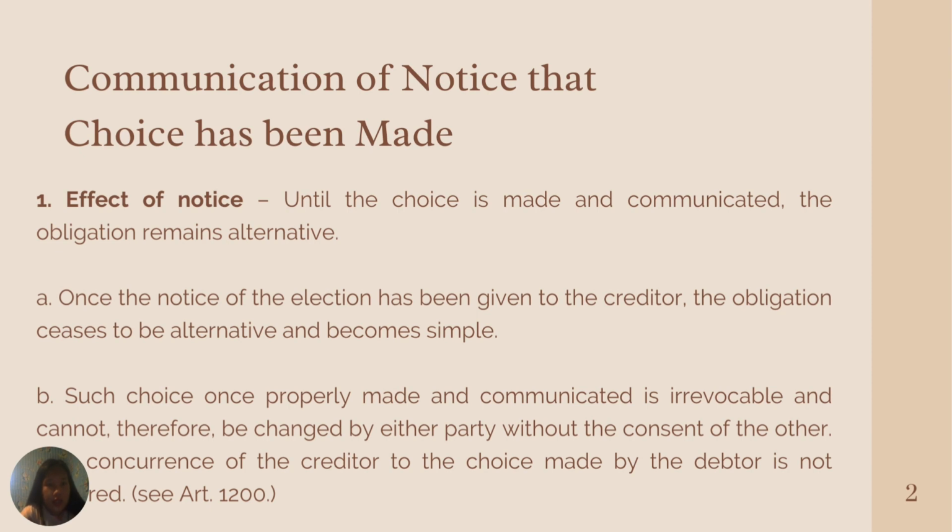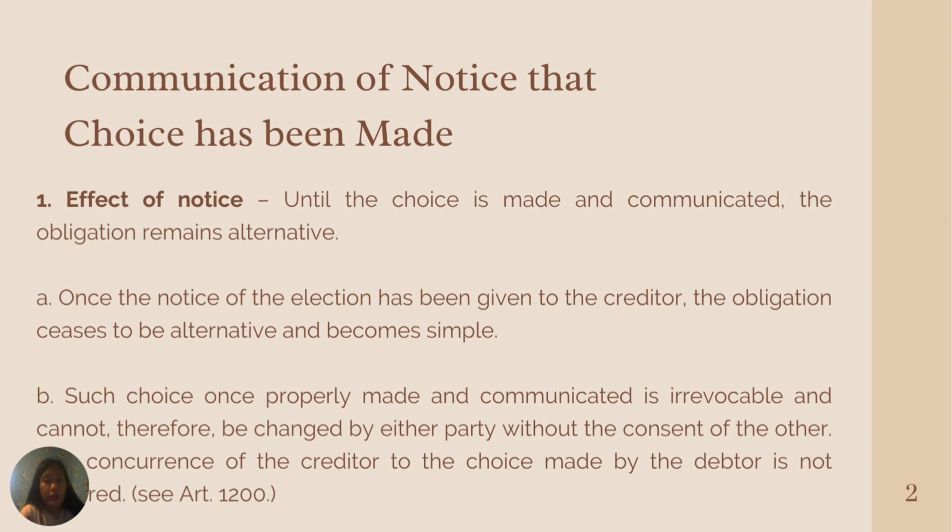So until the choice is made and communicated, the obligation remains alternative. Once the notice of the election has been given to the creditor, the obligation ceases to be alternative and becomes simple. So such choice, once properly made and communicated, is irrevocable and cannot therefore be changed by either party without the consent of the other.